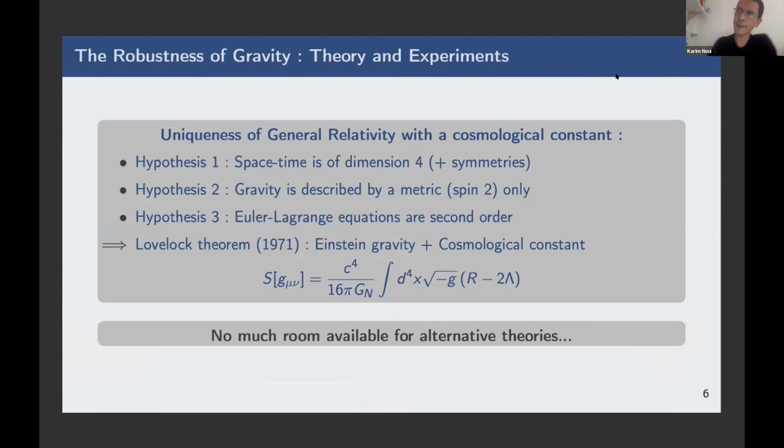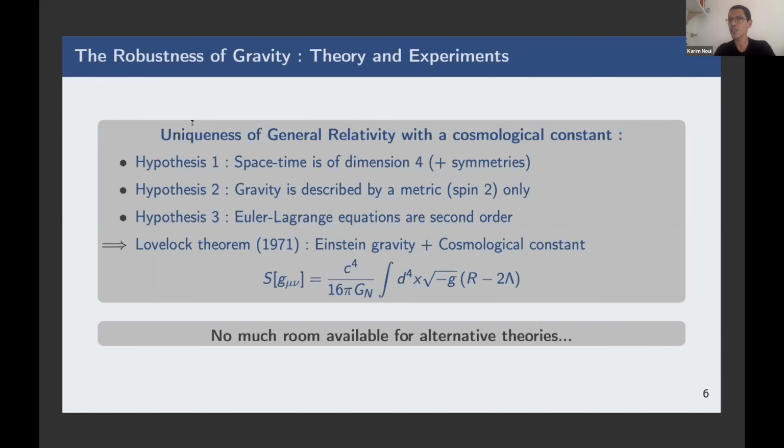So now, let me give you one more slide concerning the motivation for why we want to modify general relativity. One important point is that we know that general relativity is unique.